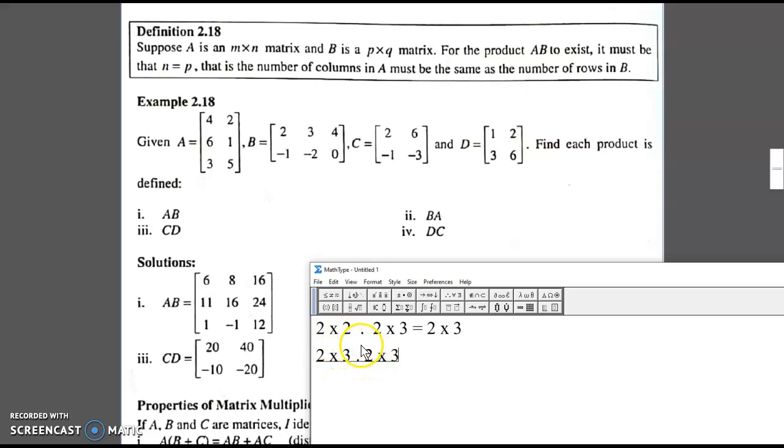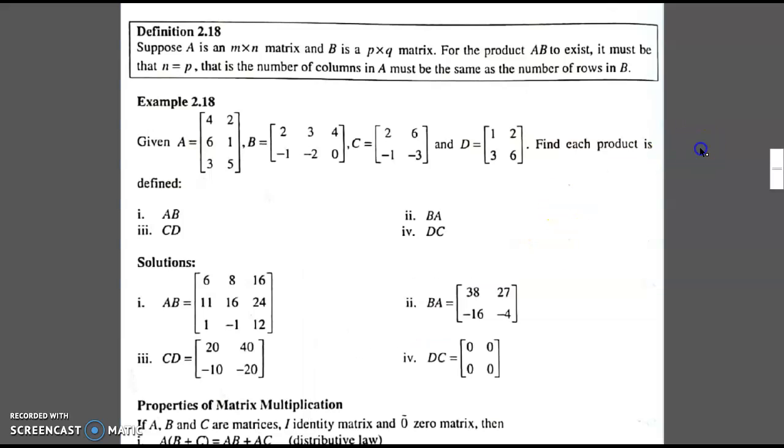So the idea is to make sure that your two matrices can be multiplied by checking on this, right? These should be the same, and you can expect that the order of the answer should be 2 by 3 for this example. I hope you understand what I mean.